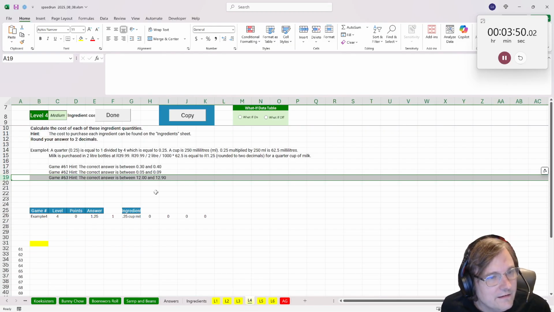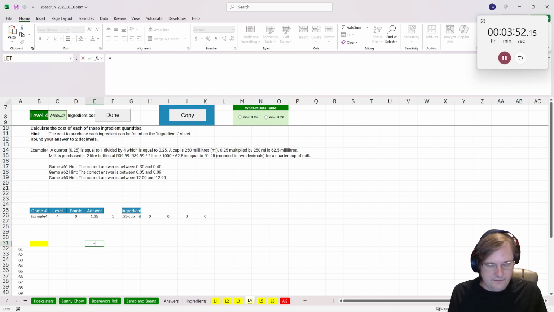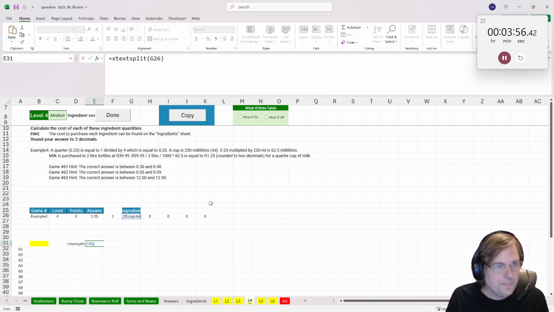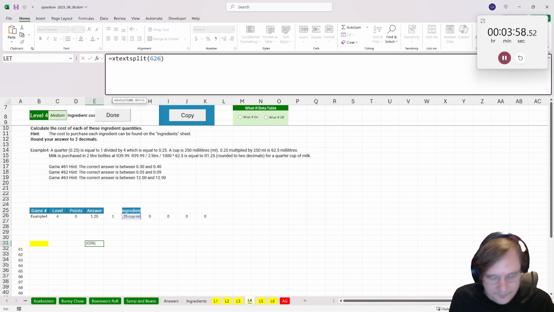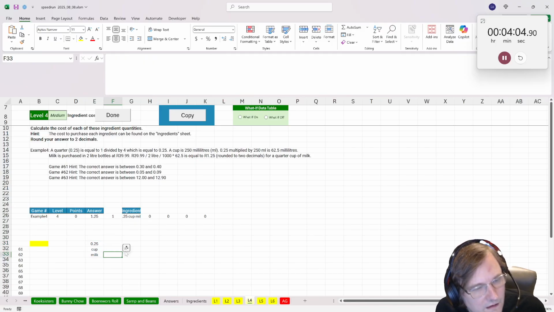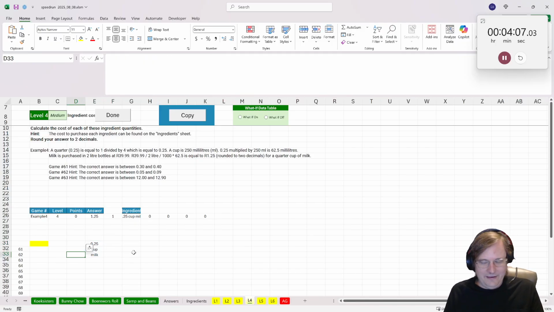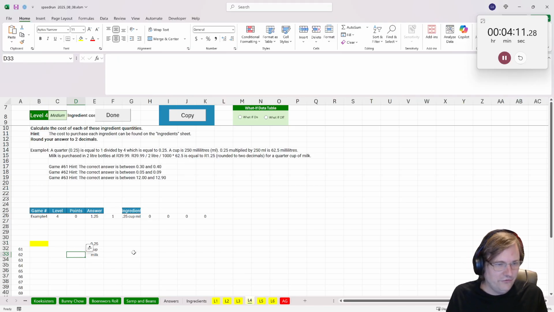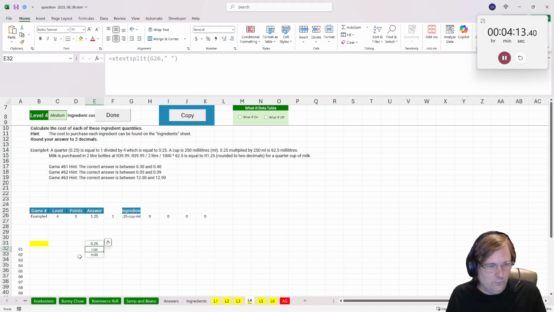All right, cost of the ingredient quantities. So use my XTEXTSPLIT on this to split this by spaces. Some of the ingredient names have multiple words, so I'm going to do a join. I mean, the first 2 words are always the quantity and a 1-word unit, right?